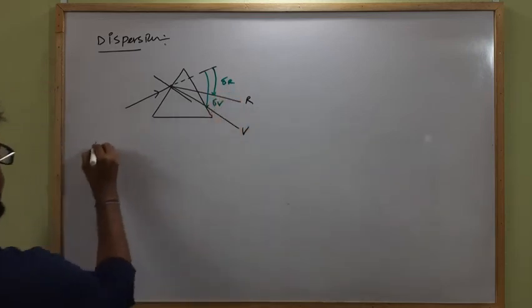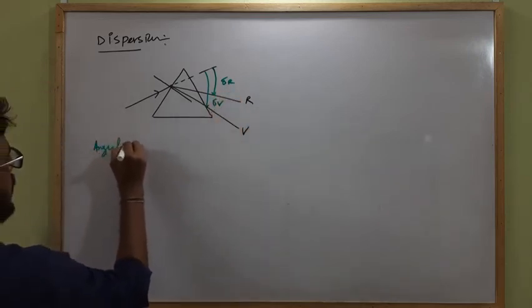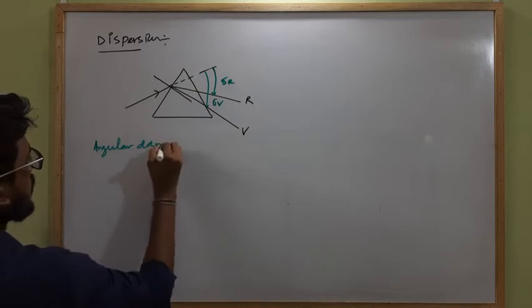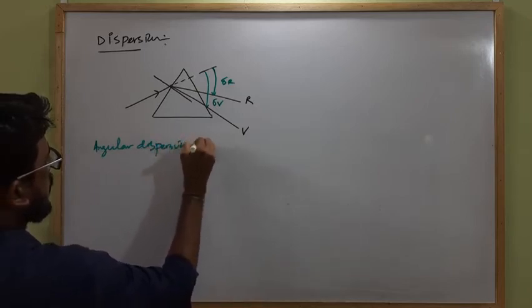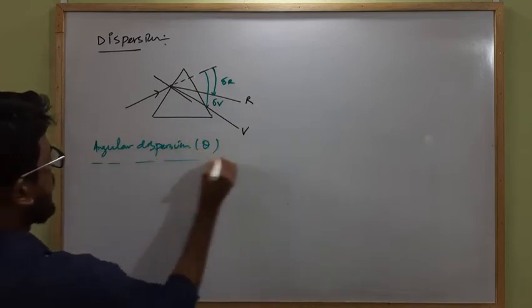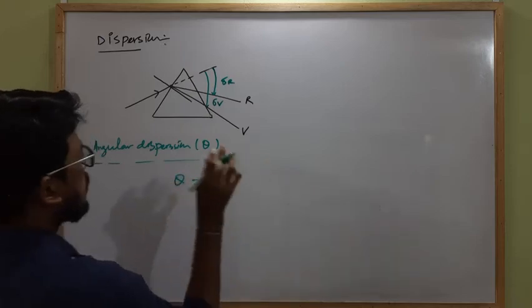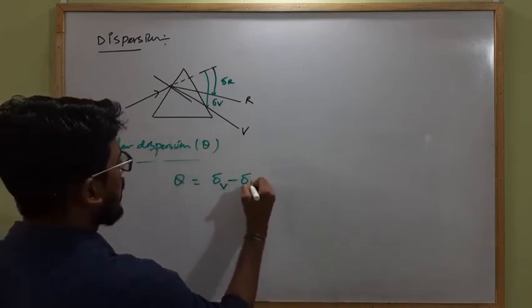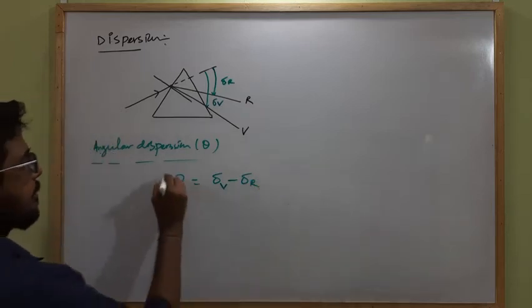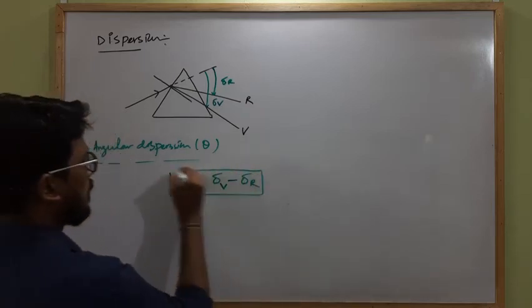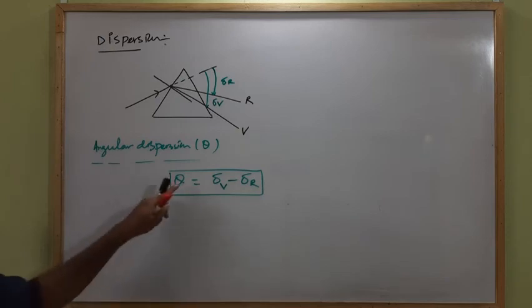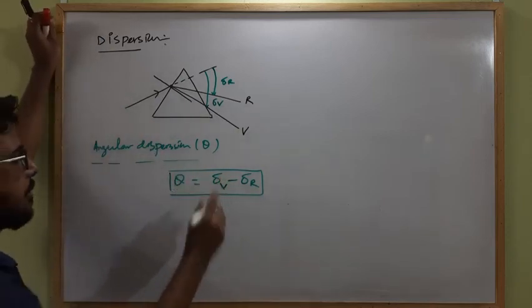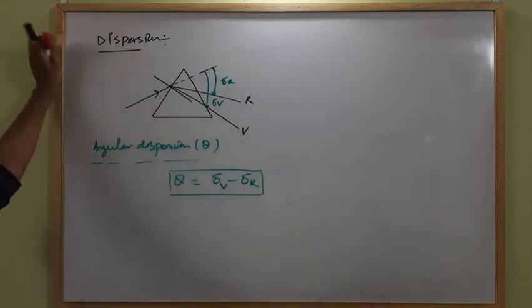So angular dispersion, denoted by theta, is defined as the difference between the angle of deviation of violet ray and angle of deviation of red ray. Clear? This is theta, which can be denoted by delta V minus delta R.